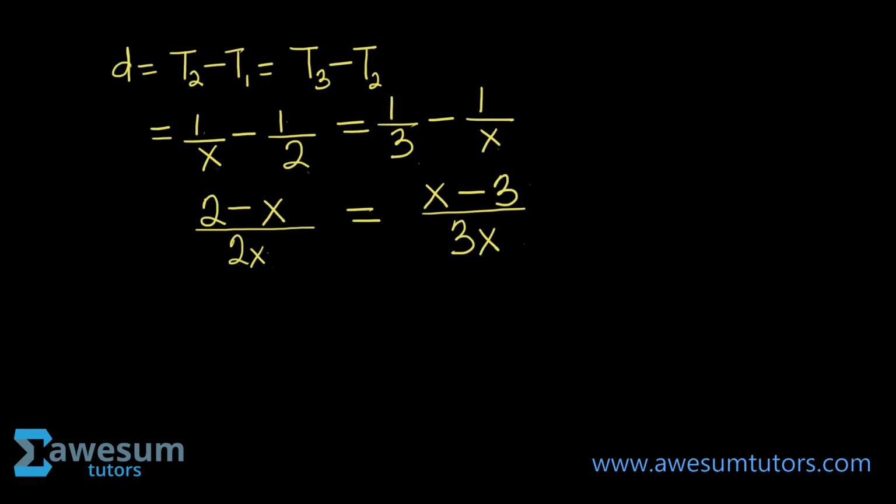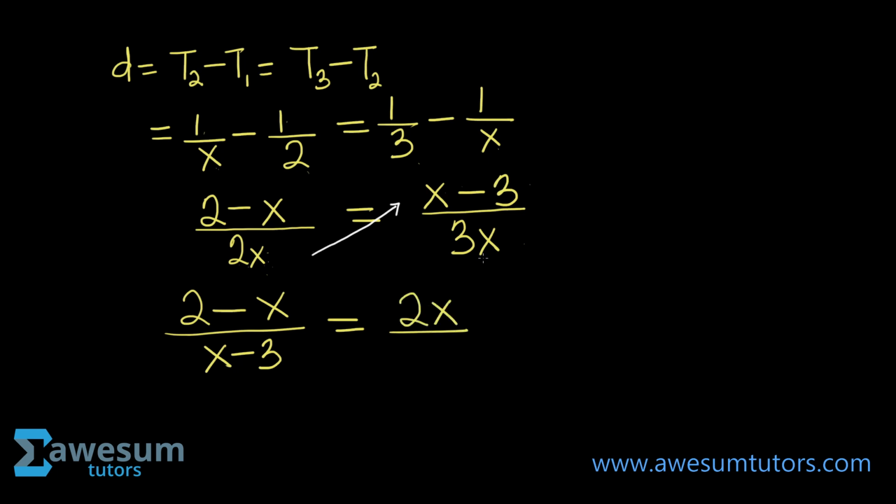In that case, I can cross multiply. I can say 2x goes over there, x minus 3 comes down right here. So that will give me 2 minus x over x minus 3, equals 2x goes up right there, 2x over 3x.